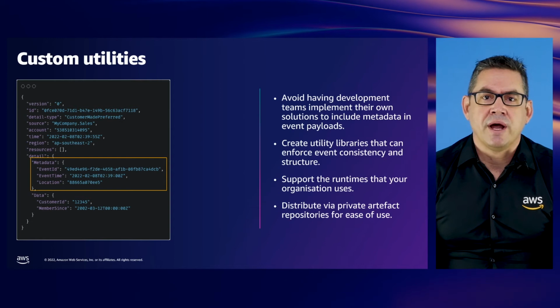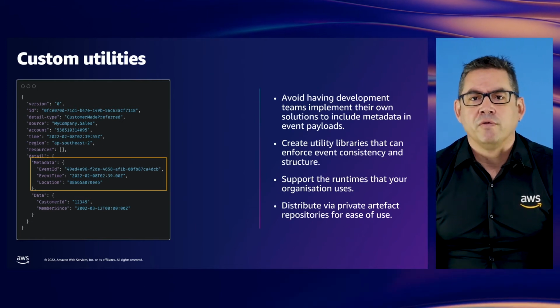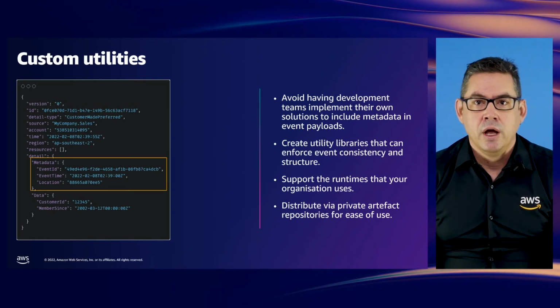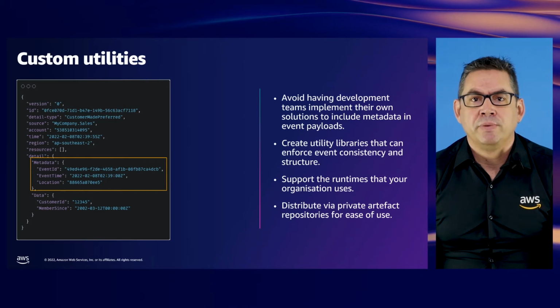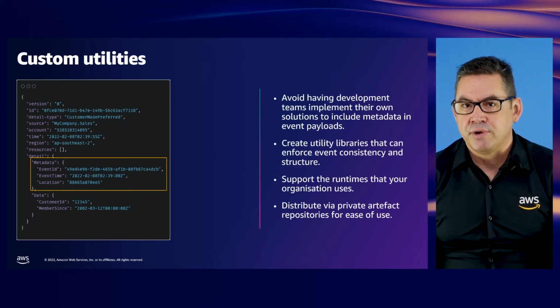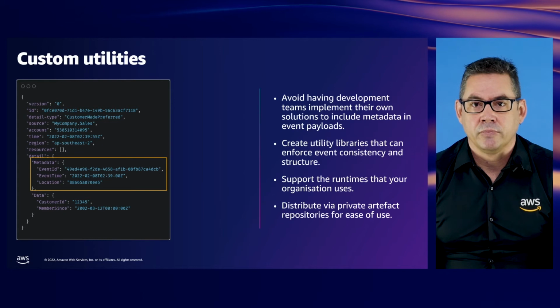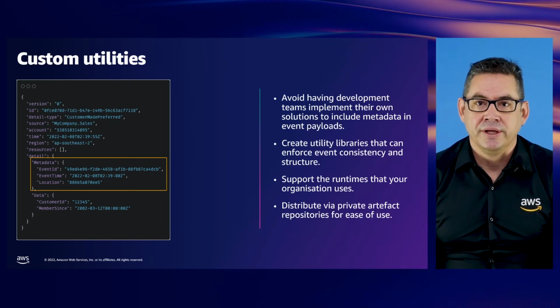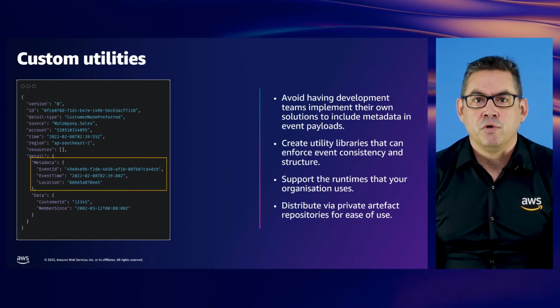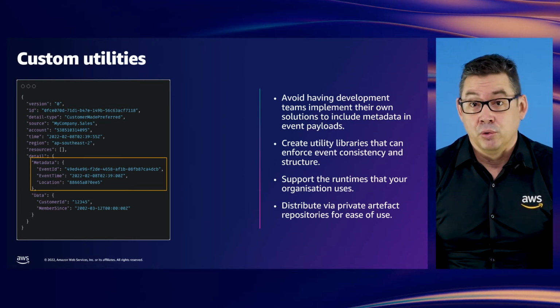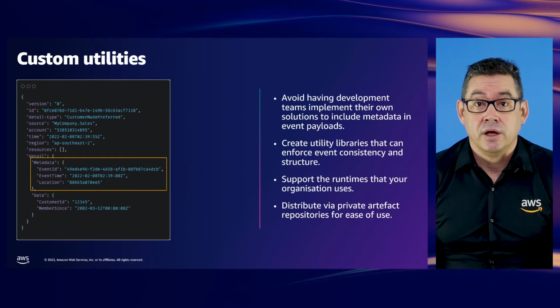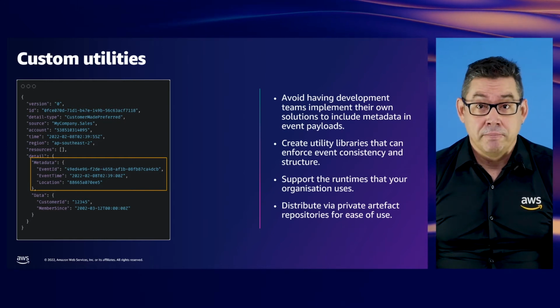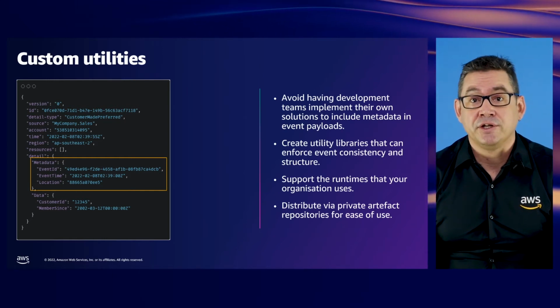These libraries abstract the implementation details of not only constructing event metadata, but also the fact that you might be using EventBridge altogether by abstracting the AWS SDK. One of the key activities integration teams could be supporting is the creation of these libraries for all the runtimes your organisation uses. This in turn could be centrally managed and distributed through private package repositories.